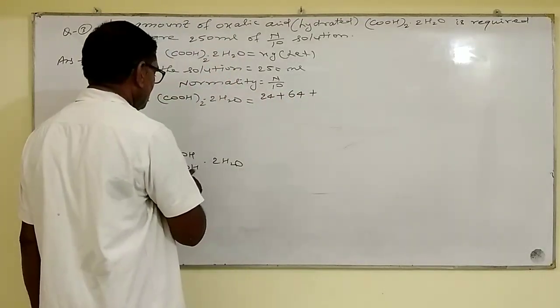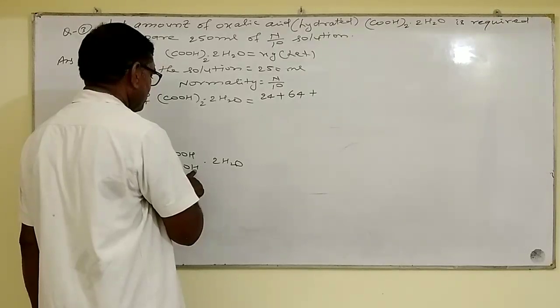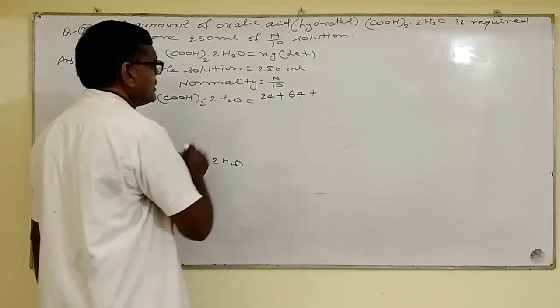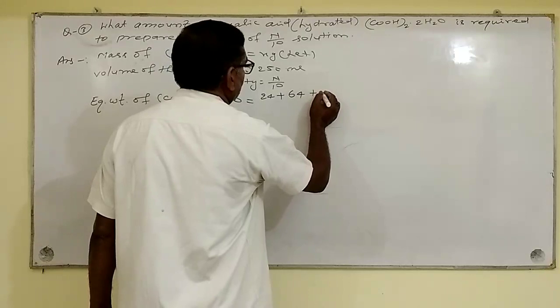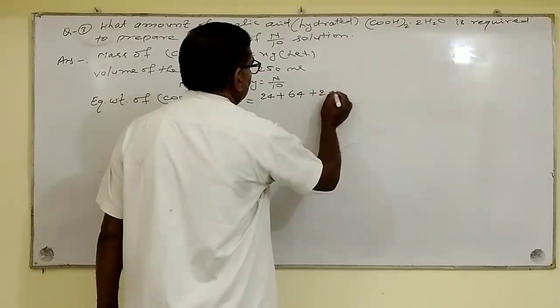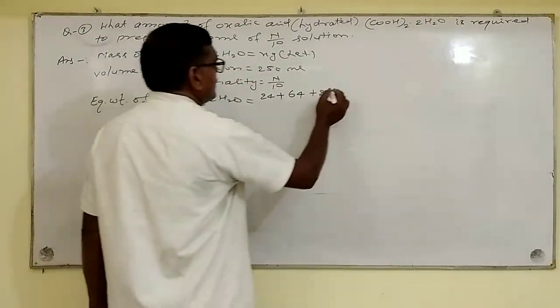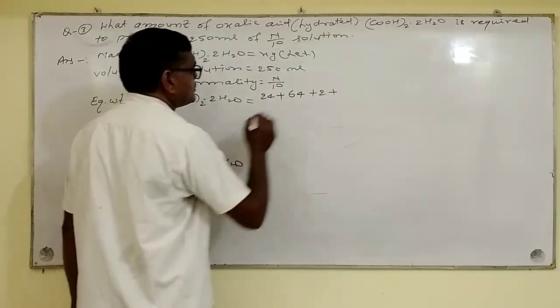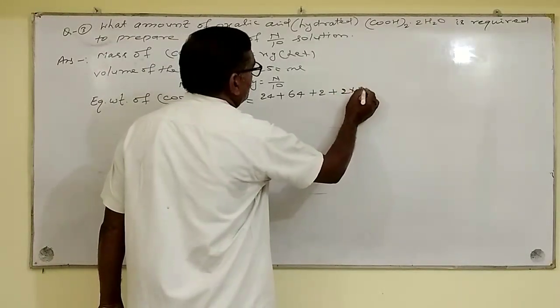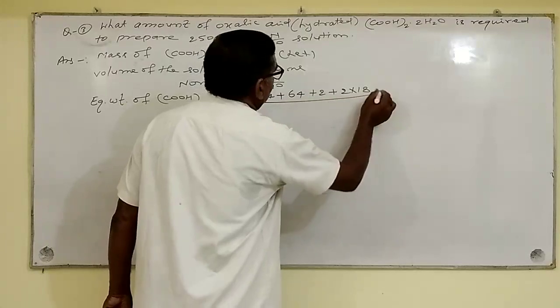Plus number of hydrogen atoms 2. Atomic weight of hydrogen is 1. We multiply 1 and 2, we get 2. Here 2 molecules of H2O, we write 2 into molar mass of H2O is 18.